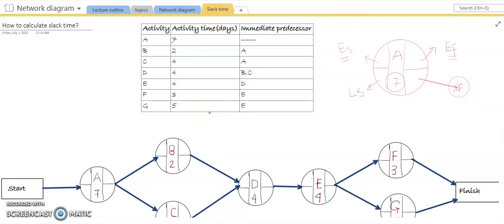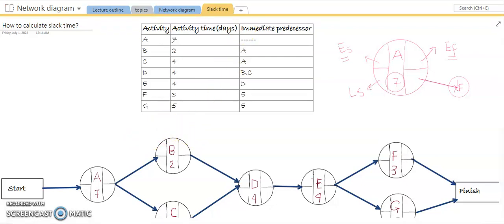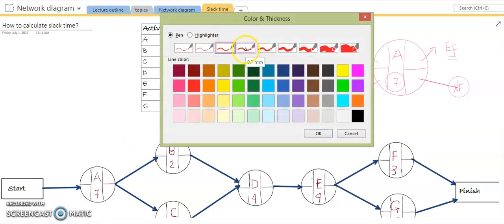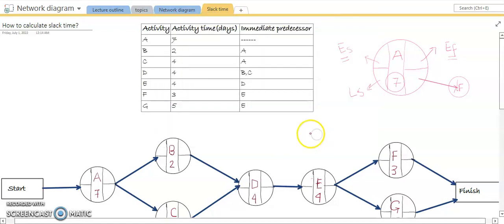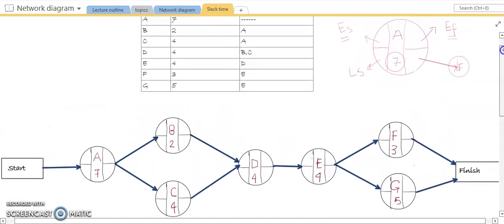One more thing I would like to tell you is the direction of the calculations. The direction of the calculation will help you understand and memorize how to calculate in a proper manner. The earliest start and earliest finish times are always calculated in the forward manner.